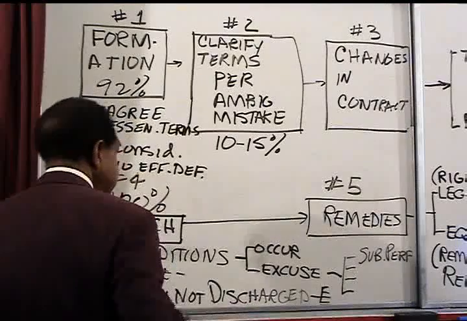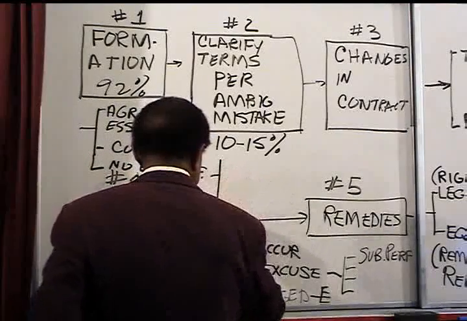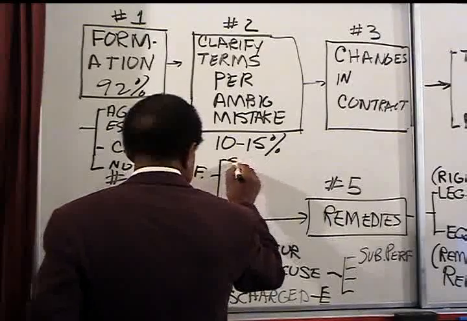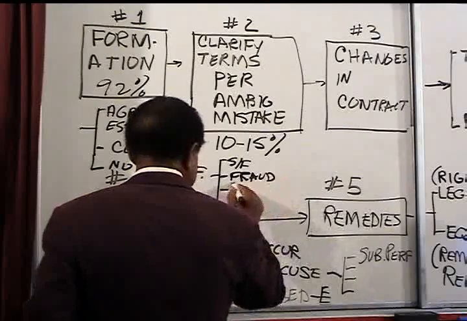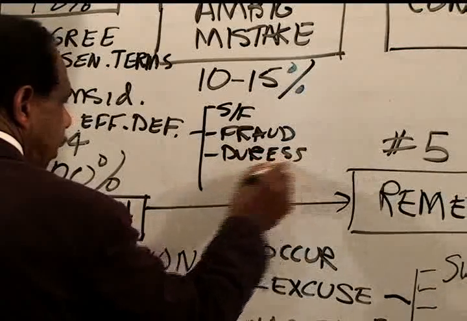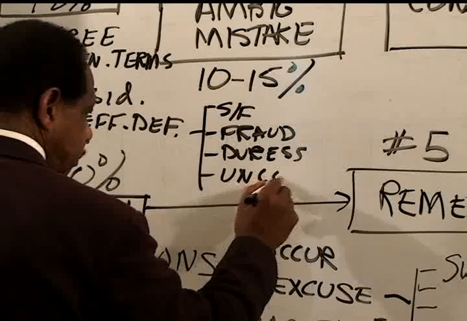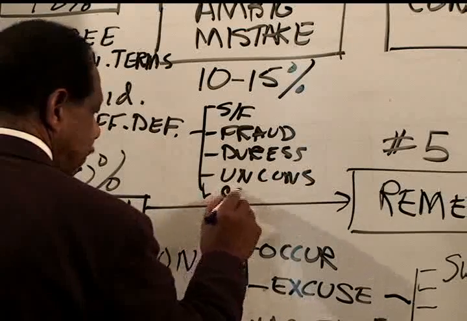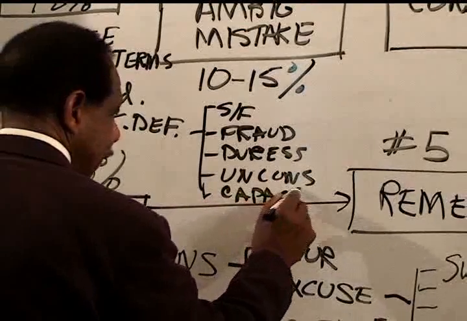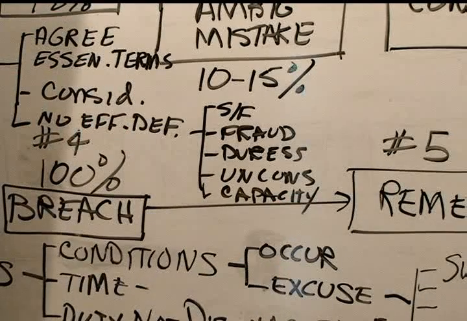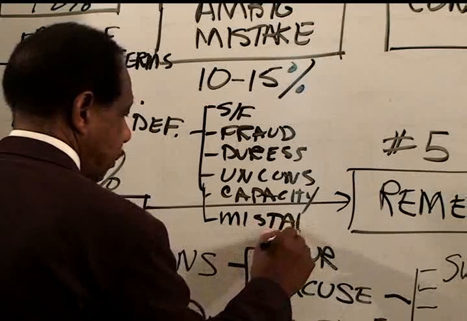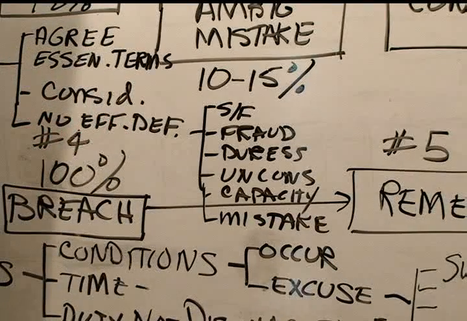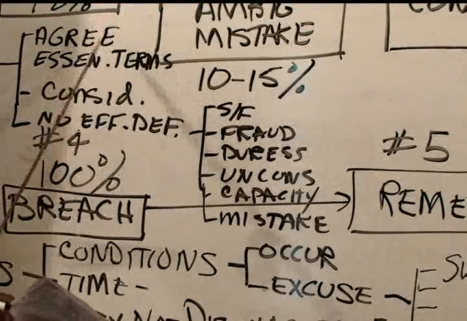What are the defenses? Well, in your materials you will see that the defenses to forming a contract are statute of frauds, fraud, duress, unconscionability, lack of capacity, and mistake. So in our problem with the turbine, the parties agreed on the central terms.